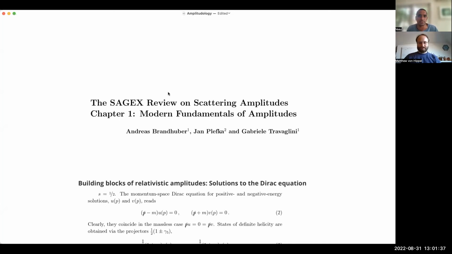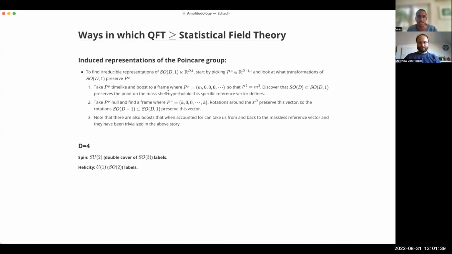So my title is ways in which quantum field theory is a little bit more than statistical field theory, as we just discussed. And it seems like the starting point is really to take seriously little groups and start by what they are and then understand how to exploit them.